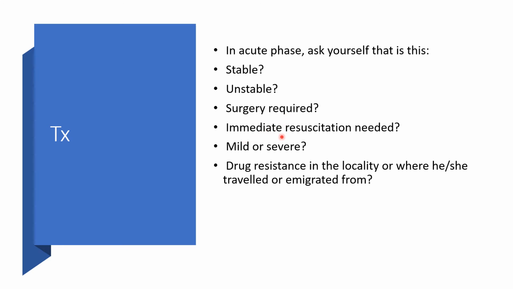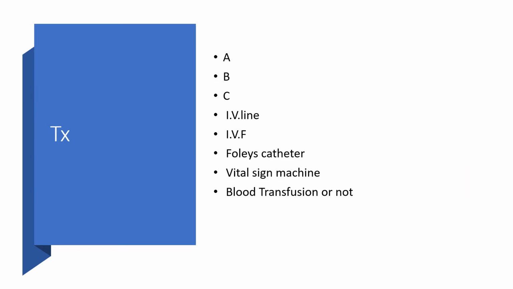Do I need immediate resuscitation right now? Is this a mild or severe condition? So we need to make the determination very quickly, within 1 to 5 minutes. Then we should know where we are. Are we dealing with drug resistance in this locality, or where this patient has traveled or emigrated from?